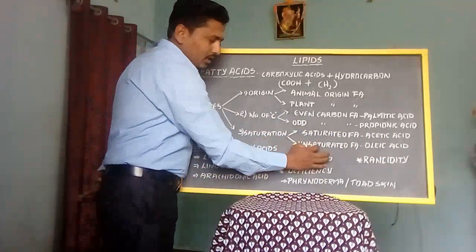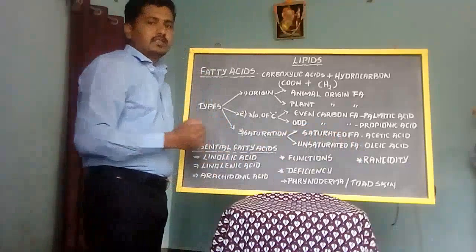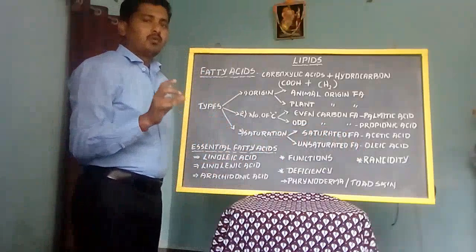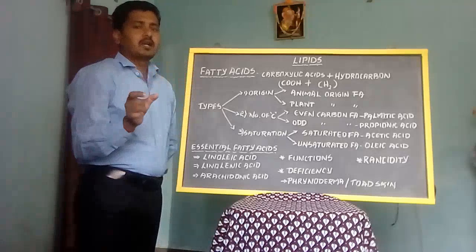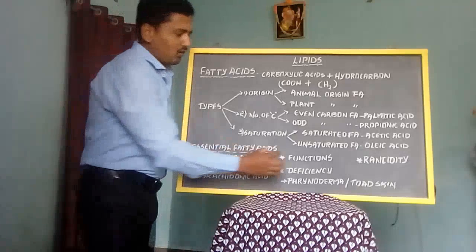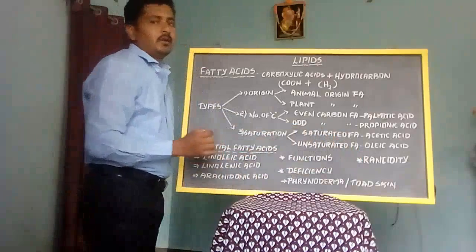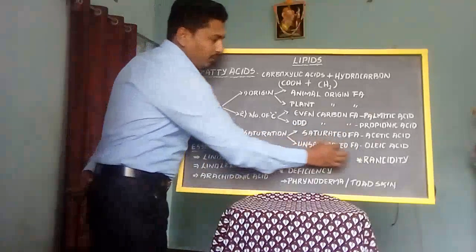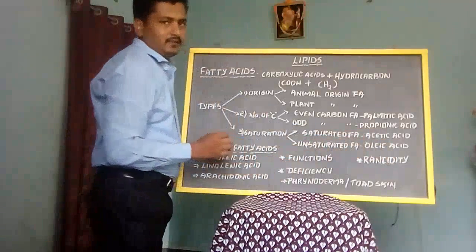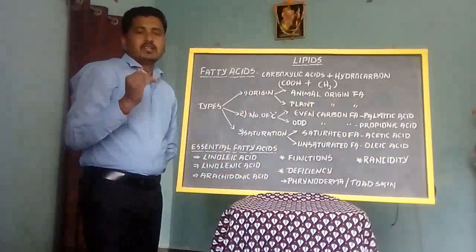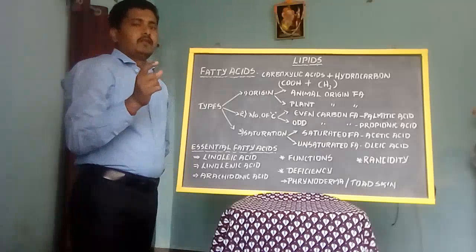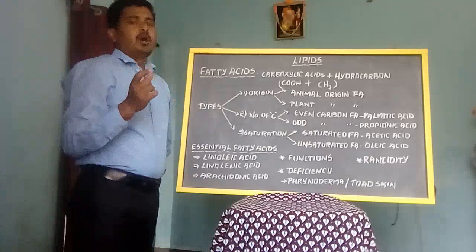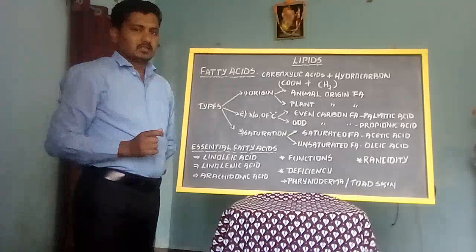Then next is the unsaturated fatty acid. Here one or more double bonds are present between the carbon atoms. That's why we call it an unsaturated fatty acid. An example for this is oleic acid. If there is one double bond between the carbon atoms, we call it a monounsaturated fatty acid.